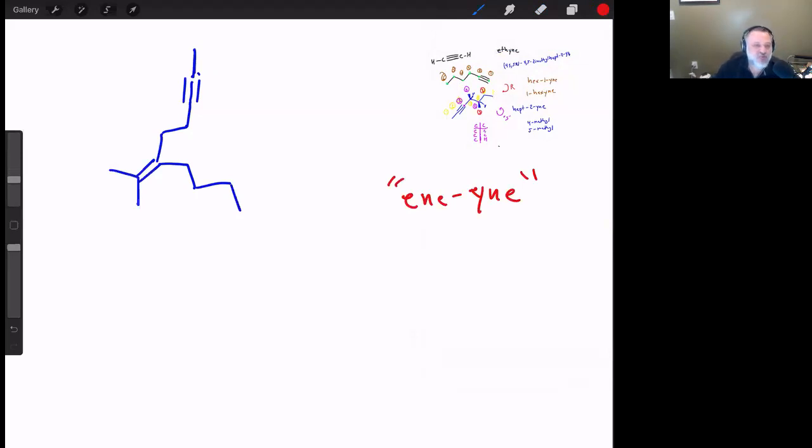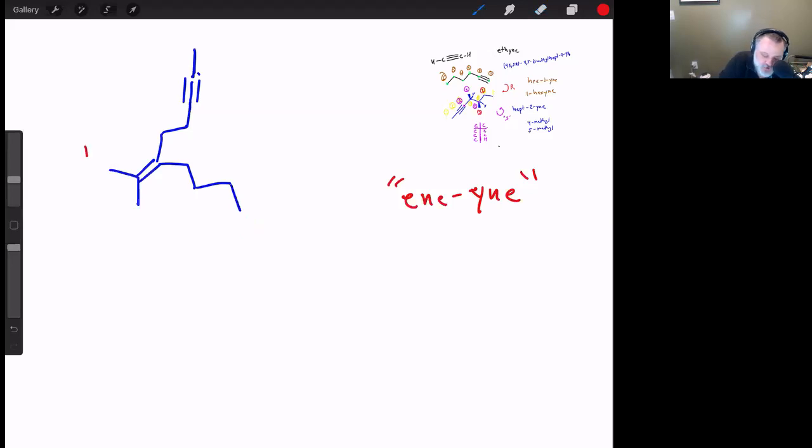The only thing is that we have to number through both groups. Even if this R group is longer, we need to number through the higher priority groups. The double bond is higher priority than the triple bond, which is higher priority than the alkane. Since the double bond is higher priority, that means it's going to get the lower value.